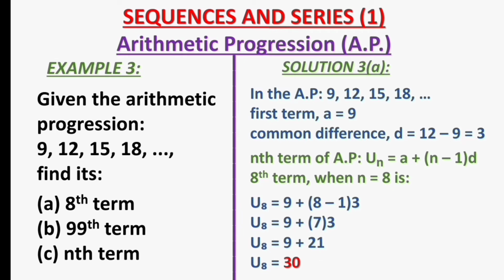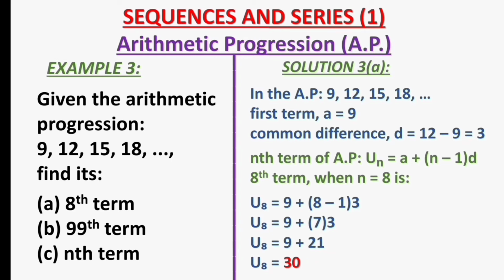To find the 8th term, n is equal to 8. Substituting 8 for n into the formula for the nth term of the arithmetic progression AP gives U subscript 8 is equal to 9 plus 8 minus 1 times 3. This will give us 9 plus 7 times 3, which will give us 9 plus 21.